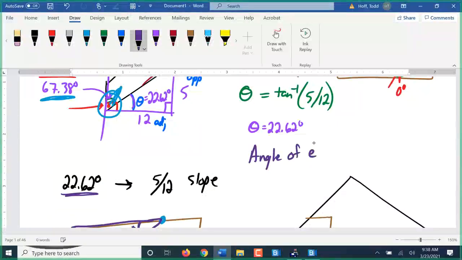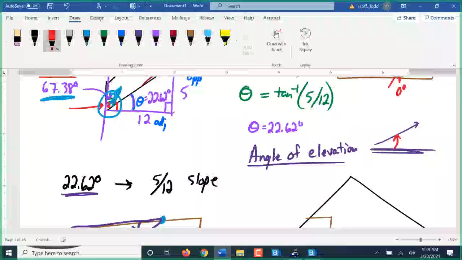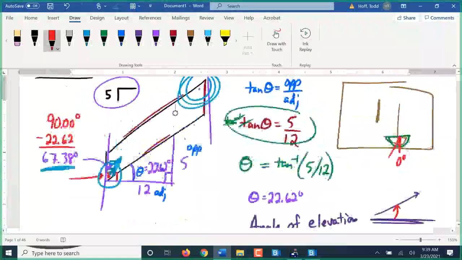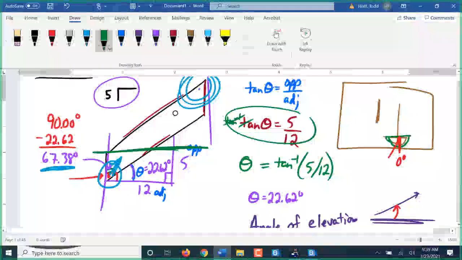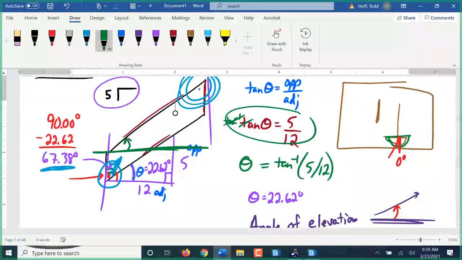An angle of elevation is if you are standing on flat ground and looking up at something; your angle of elevation is this angle right here. If you think about that being a roof slope, that's exactly what it is. That is the 22.62 degrees from the slope of our roof.